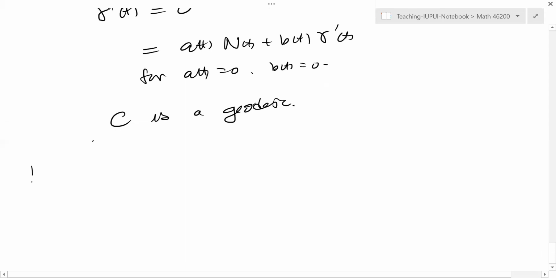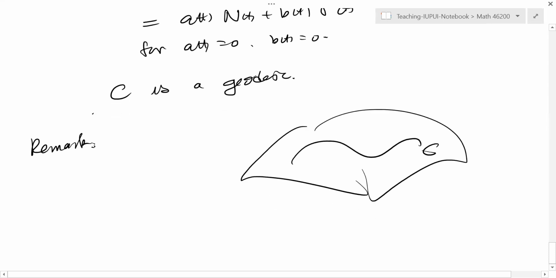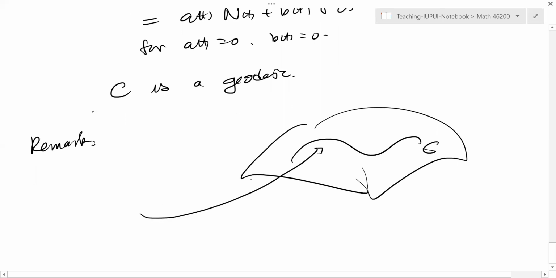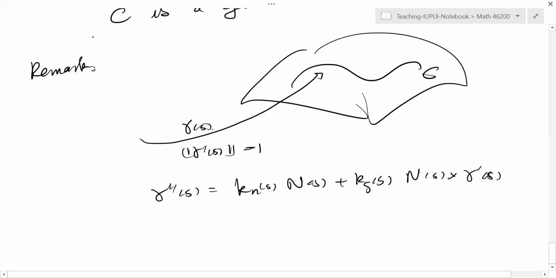That's my remark. So have a surface and a curve here, which I usually denote by C. Then you find the parameterization gamma with gamma prime(s) equal to 1, and the second derivative is Kn(s) times the normal plus Kg(s) times the tangent normal. These two numbers are independent of the choice of parameterization.